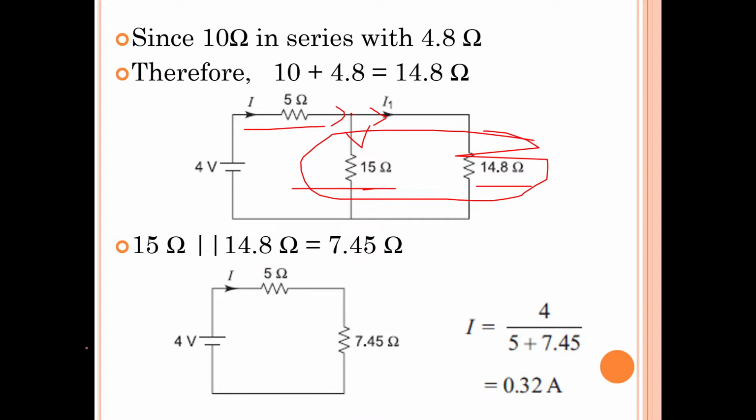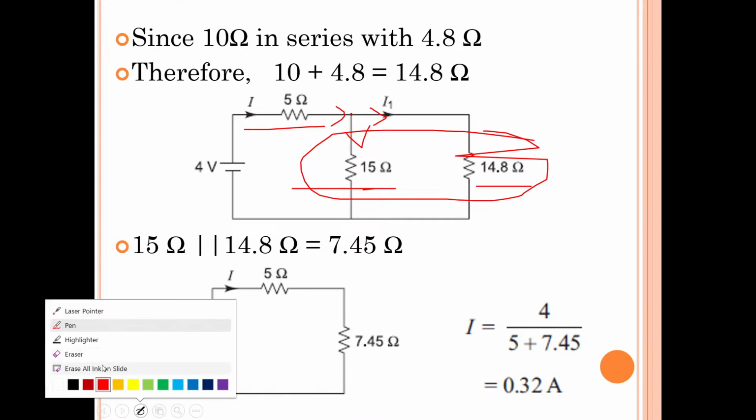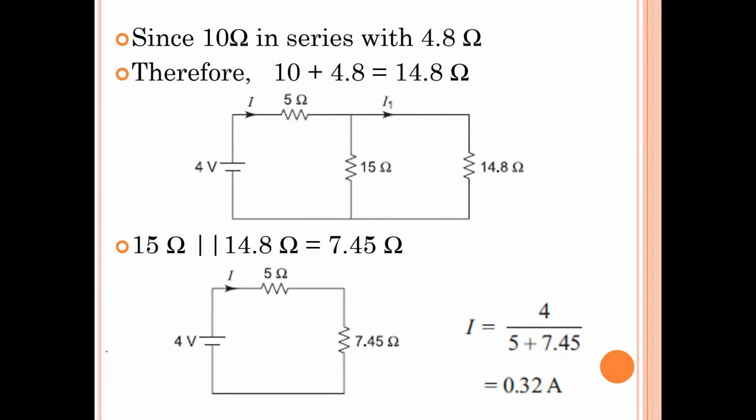15 ohms and 14.8 ohms, they both are connected in parallel. Why? Because current is divided, current flows through 15 ohms and 14.8 ohms.